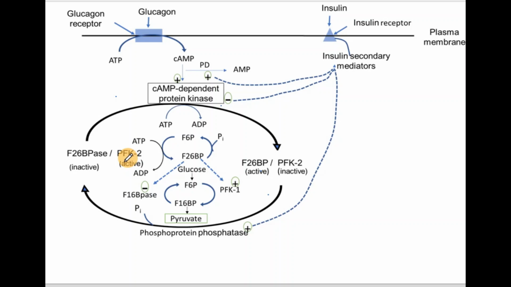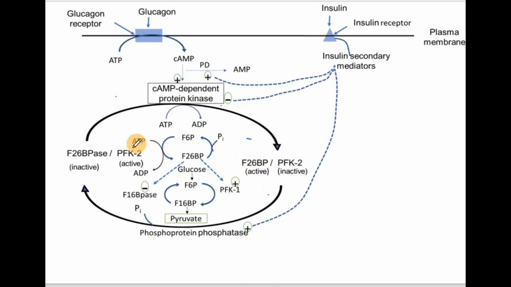The first mechanism is the activation of the phosphodiesterase by the insulin secondary mediators. The phosphodiesterase will convert the cyclic AMP to AMP. Hence, there's no cyclic AMP to activate the cyclic AMP dependent protein kinase. Hence, we can't activate the PFK2 bisphosphatase.